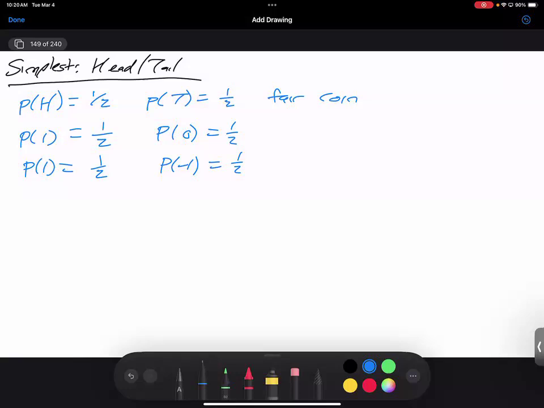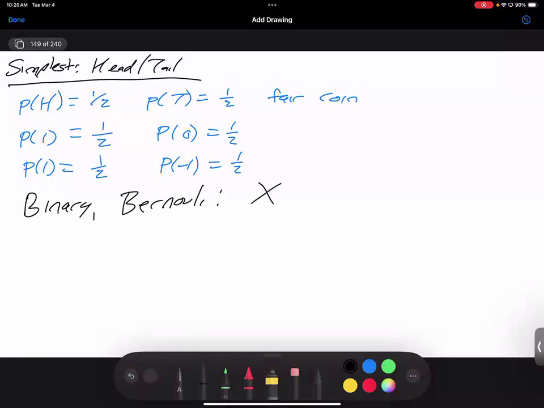So anybody know the name of a variable like this that takes on just 2 values? So it's a binary. Other names? Bernoulli.